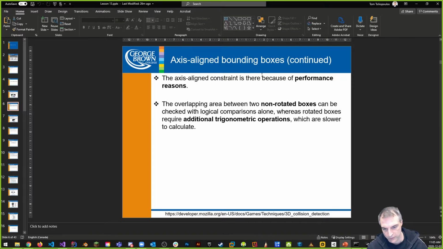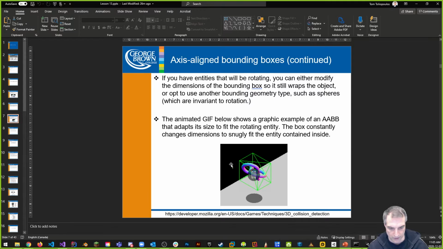So from a performance perspective, that's why we use it. Non-rotated boxes in 3D, you can modify them to make it so that they're more accurate. Again, they're not going to be perfect, but you can take more or less an object, even if it's rotating, and in real time adjust its bounding volume.